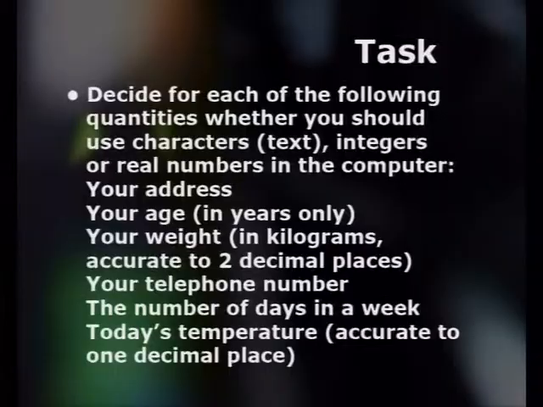Well, I think we've covered enough work for today. Decide for each of the following quantities whether you should use characters or text, integers or real numbers in the computer. Your address, your age in years only, your weight in kilograms, accurate to 2 decimal places, your telephone number, the number of days in a week, today's temperature, accurate to 1 decimal place.